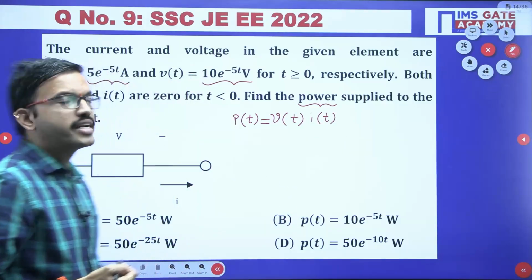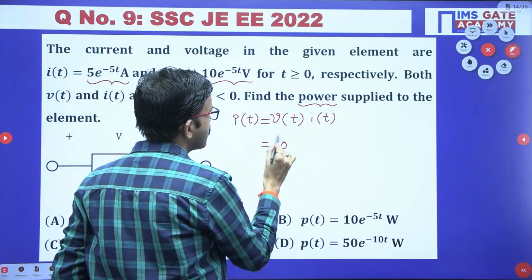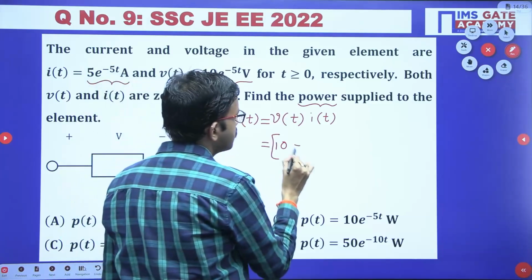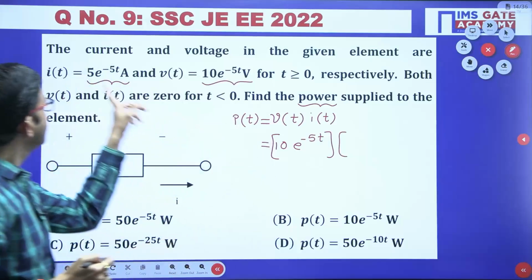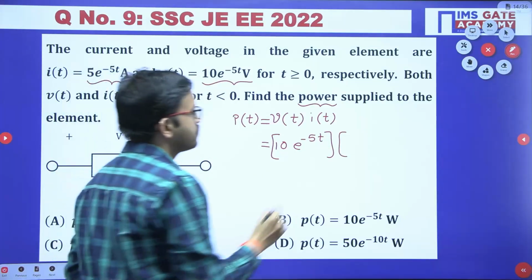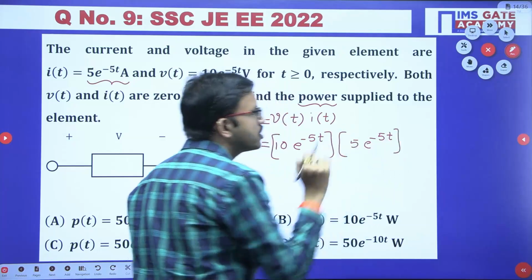Here the voltage expression is 10 into e power minus 5t, and the current expression is 5 into e power minus 5t.